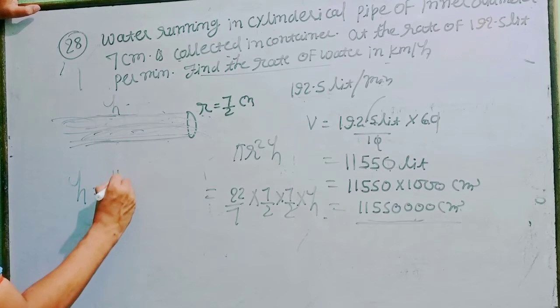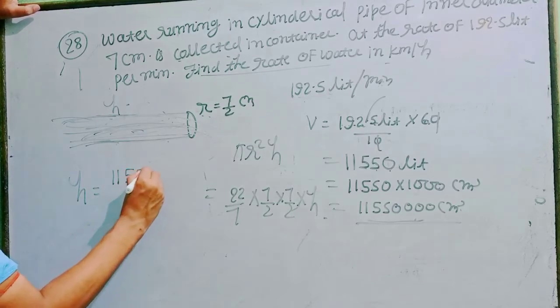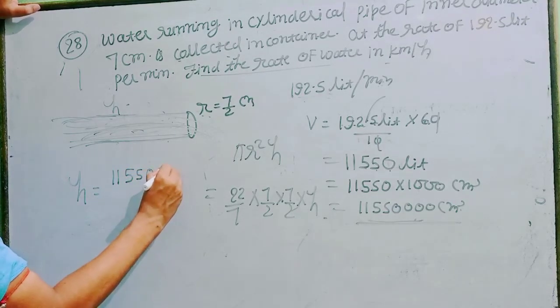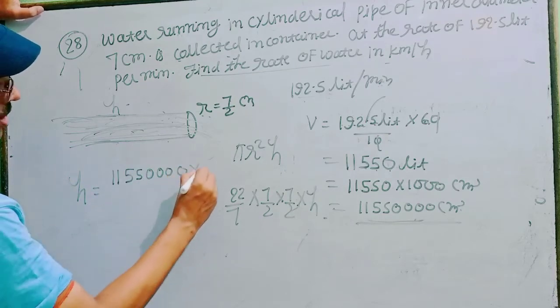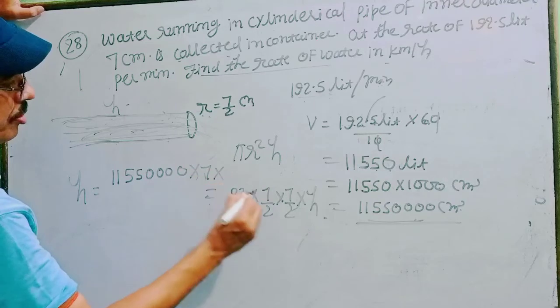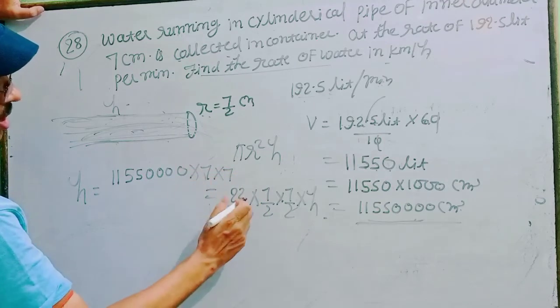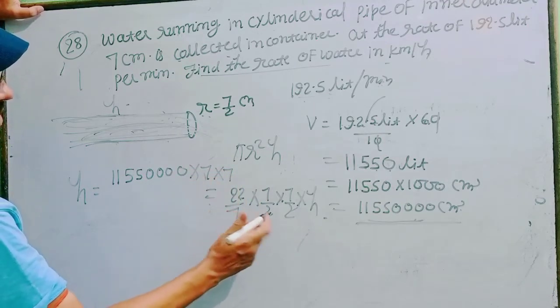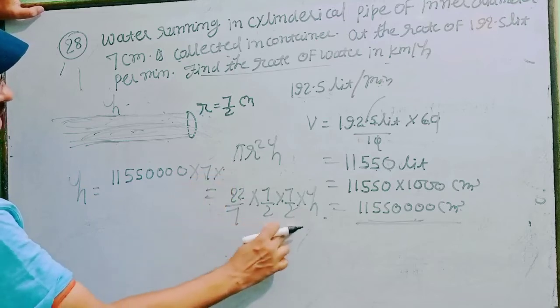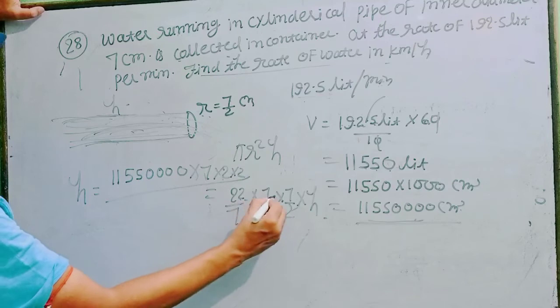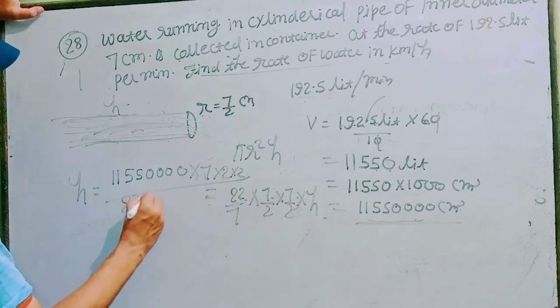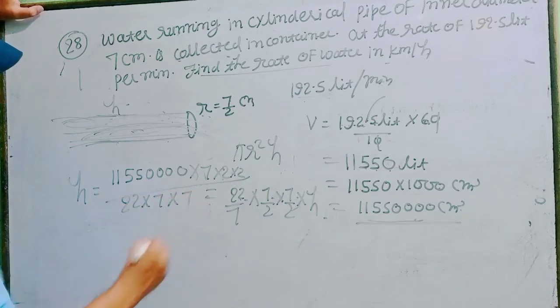h is equal to 11,550,000 multiply by 7 into 7, multiply by 2 into 2, and divided by 22, 7, 7.